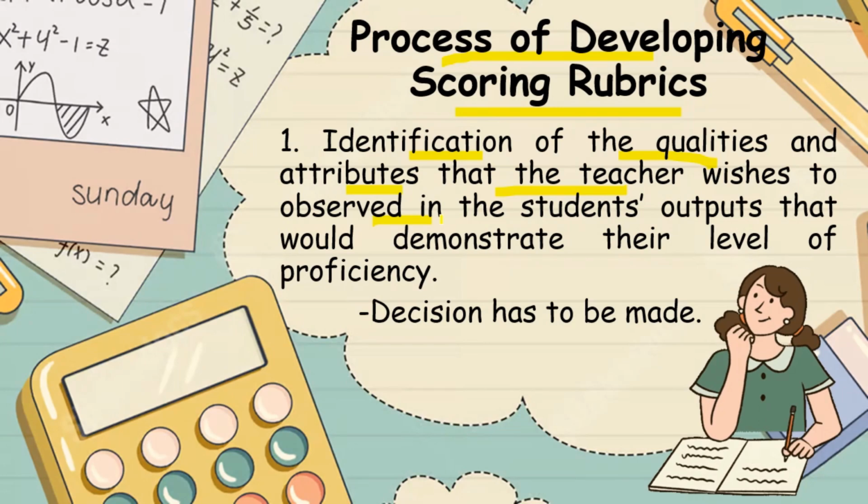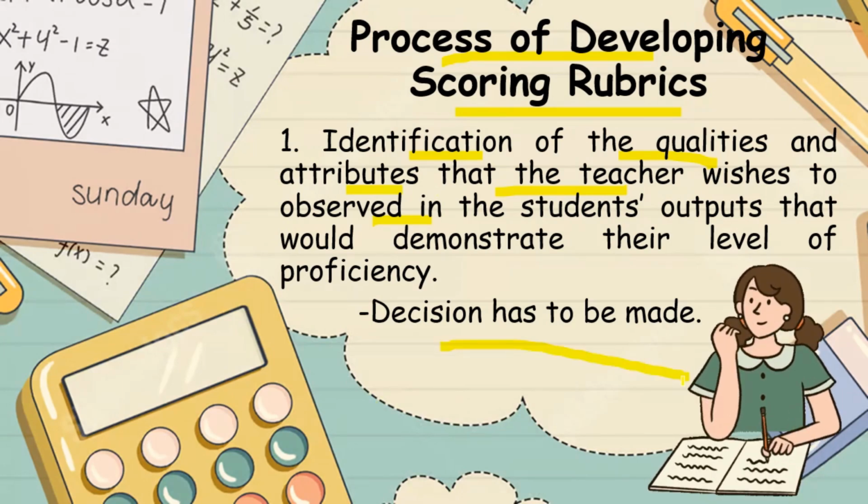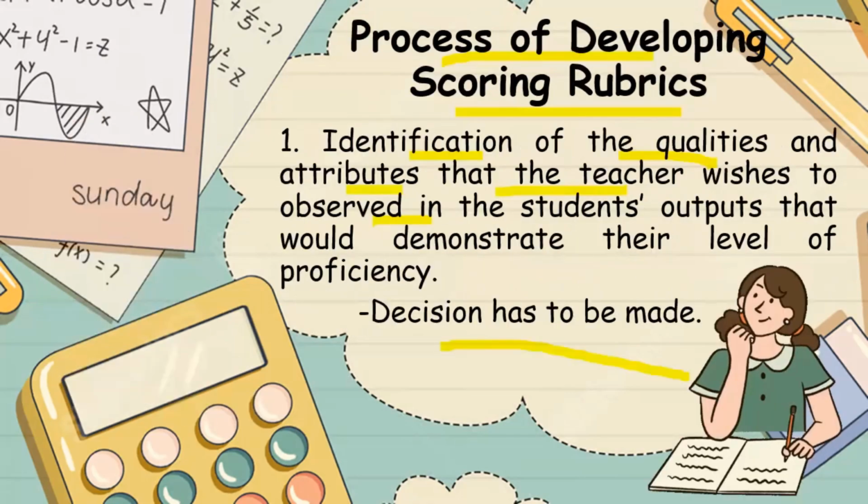So once done, a decision has to be made whether a holistic or analytical rubric would be more appropriate to use. And I want you to take note of this or to remember: in an analytic scoring rubric, each criterion is considered one by one and the descriptions of the scoring levels are made separately.